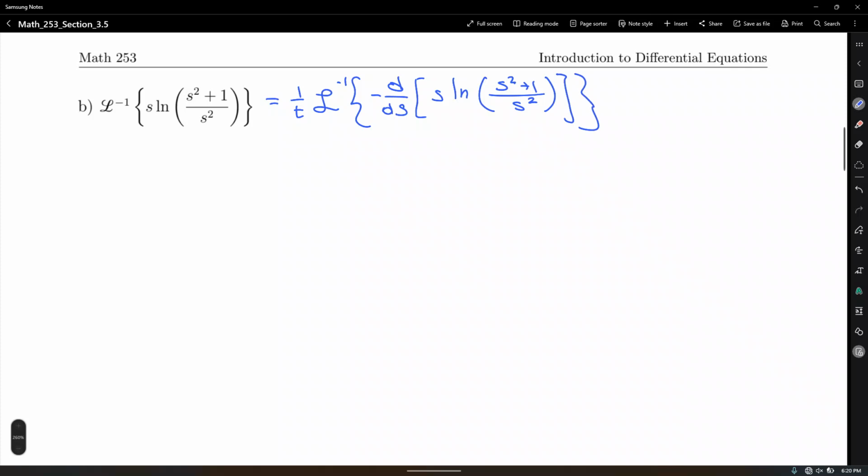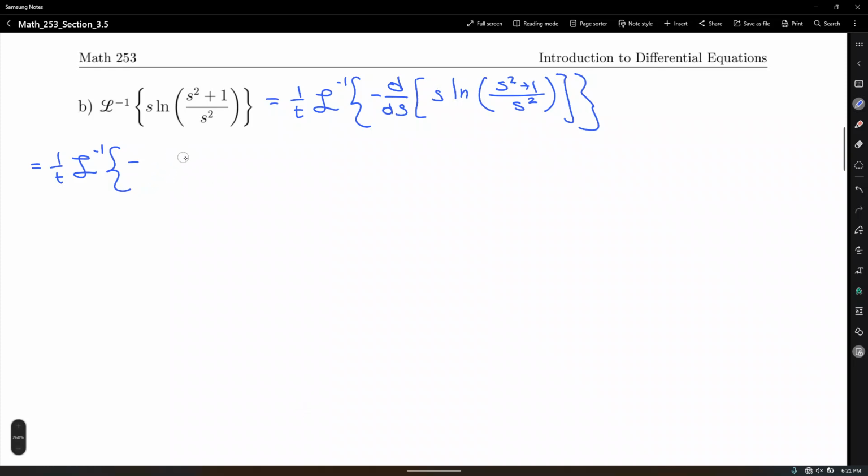So actually, to differentiate that function, we would need the product rule, don't we? However, let me actually use properties of logarithms, maybe. No, maybe not. Okay, this is what I'm going to do. This will be equal to 1 over t inverse transform of negative d/ds of the derivative.